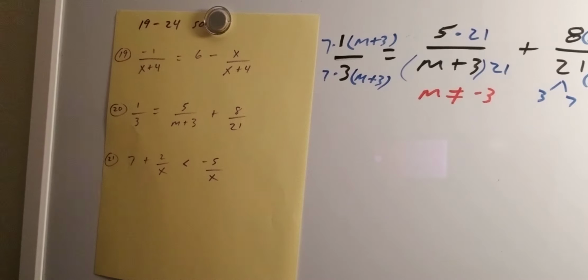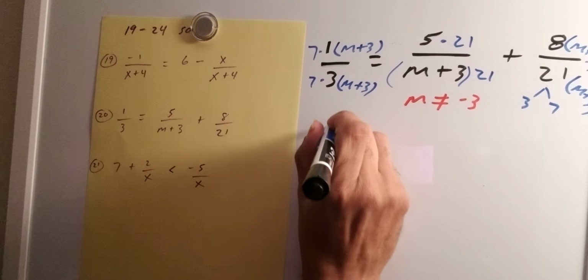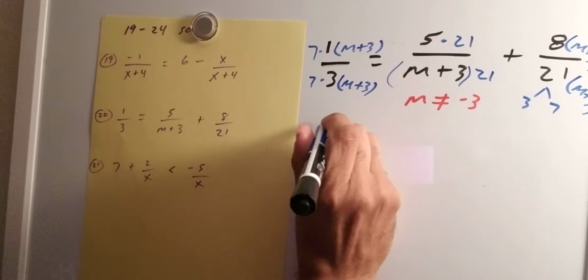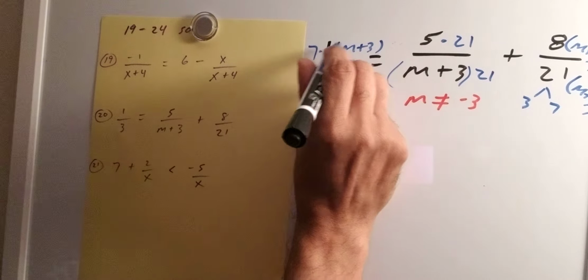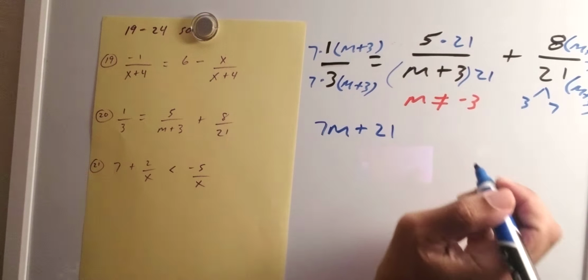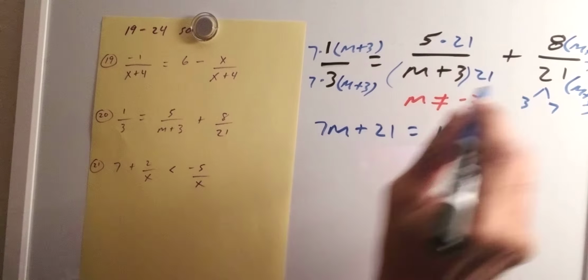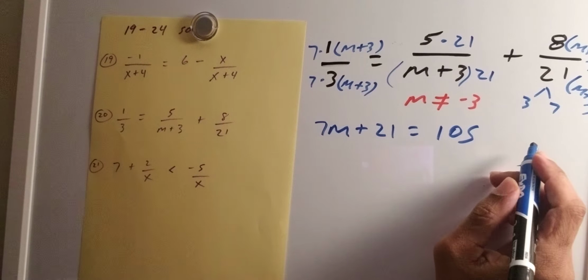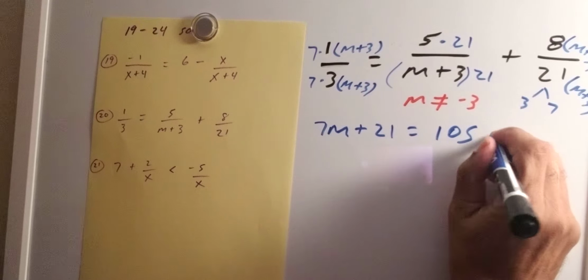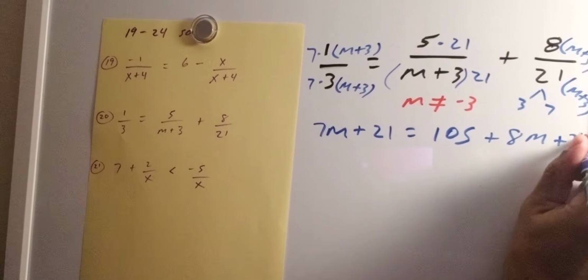We don't have to consider the denominator because we know that the restriction is m equals negative 3. So 7 times m, 7 times 3 equals 105. We're multiplying 5 times 21. And that's going to be plus 8m plus 24.